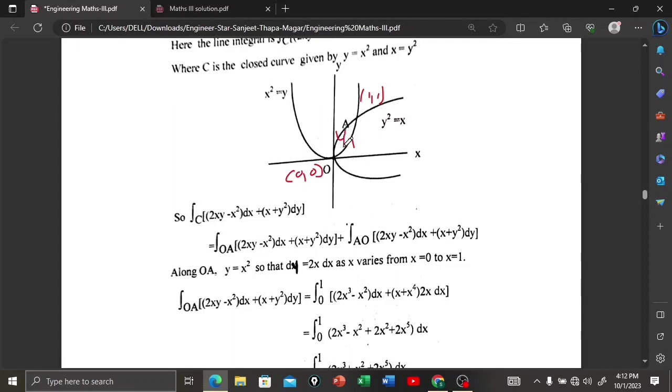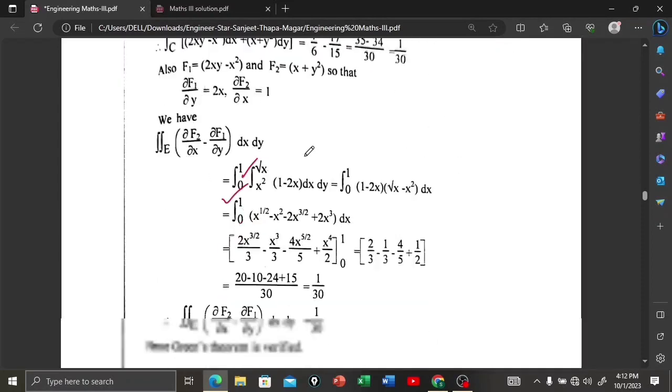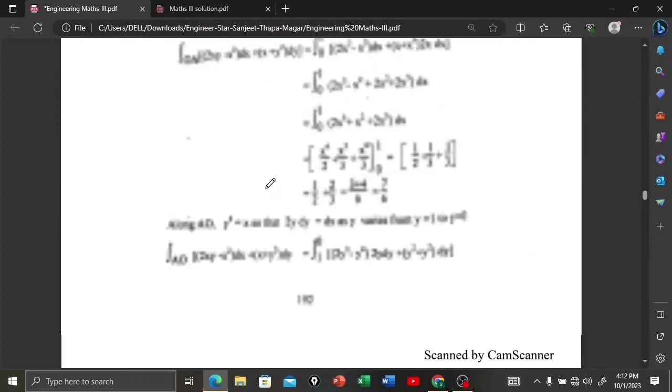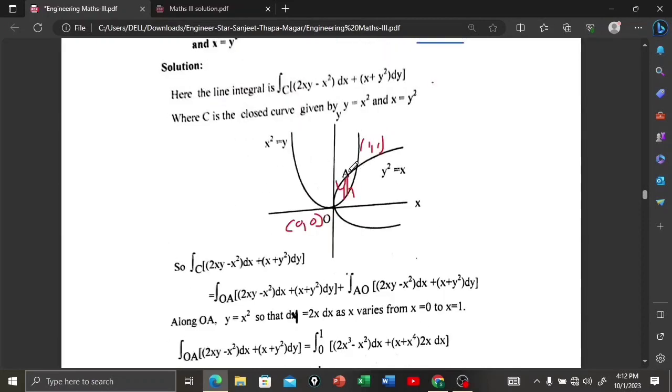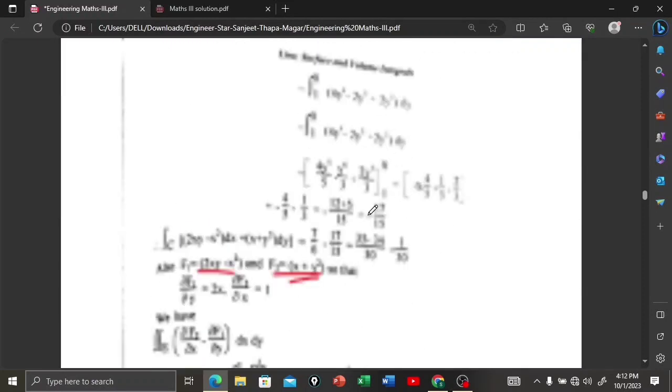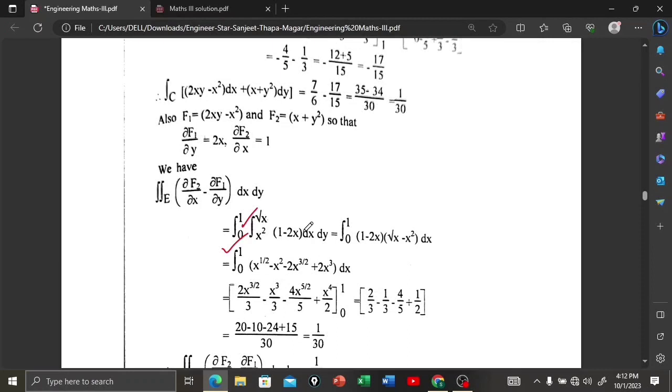To draw the limit of y, drawing the small vertical element, here x varies from 0 to 1, and y varies from this curve, x squared equals y, so the value of y is x squared, and here it is y squared equals x, so y equals root under x, dx dy.